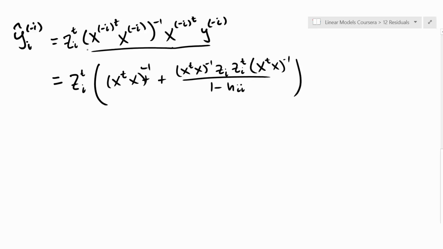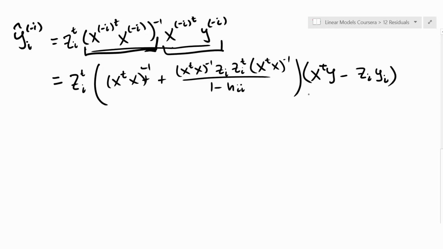Okay, so that takes care of that part right there. And then if I take this part right there, using our work from before, that's X^T y minus z_i times y_i. Okay, now we can get some simplification.